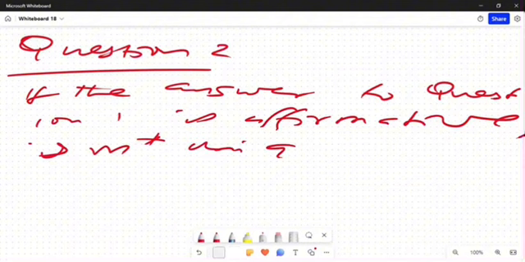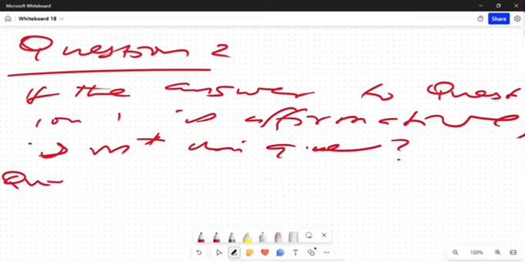Do you have at most one M star? Is M star unique?